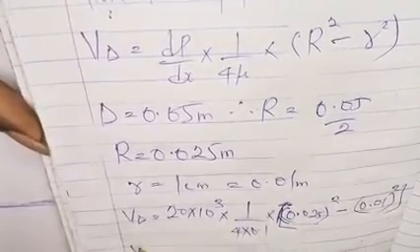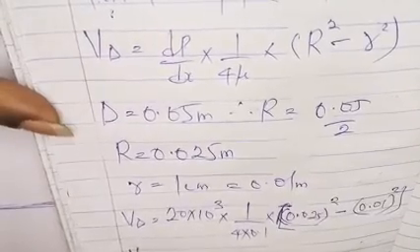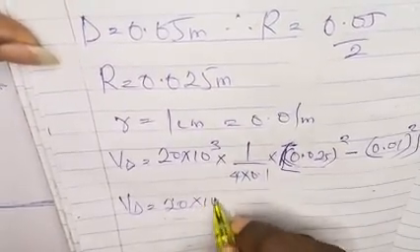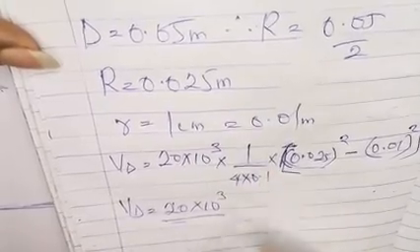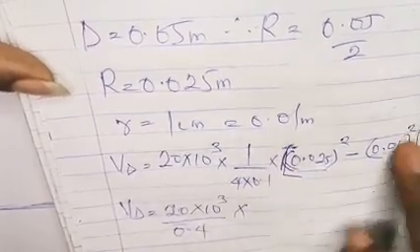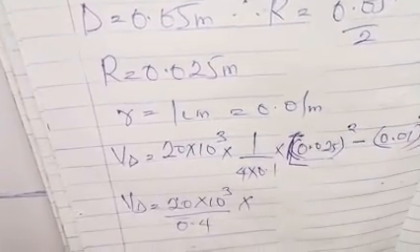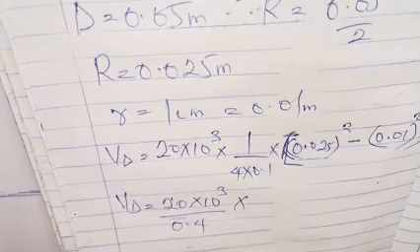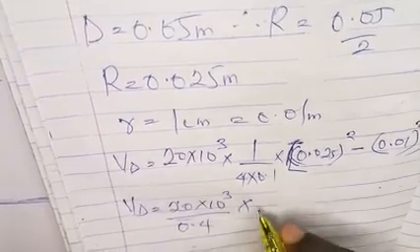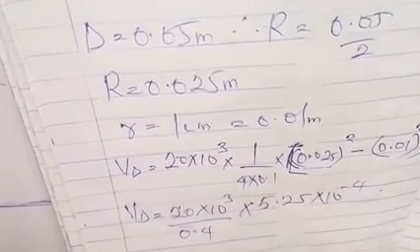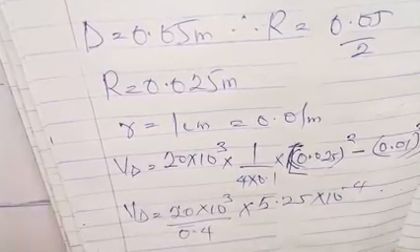Okay, so the velocity at that particular distance is now equal to 20 by 10 to the power of 3 all over 4 times 0.1, which gives us 0.4. Let's now evaluate the whole of this together. We have 0.025 squared minus 0.01 squared. So that gives us 5.25 by 10 to the power of minus 4. So we'll now evaluate everything at the numerator.